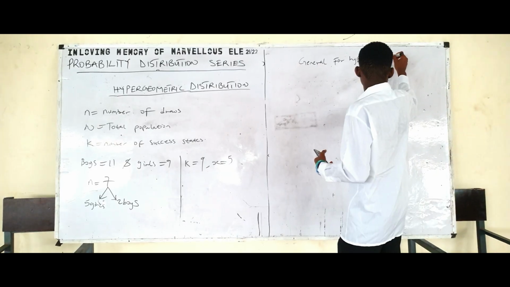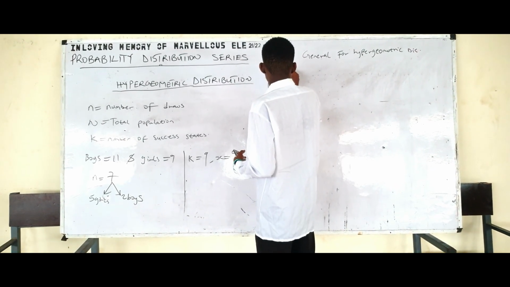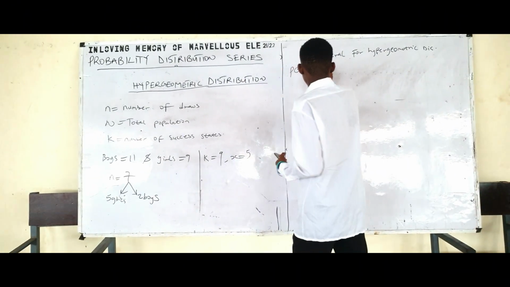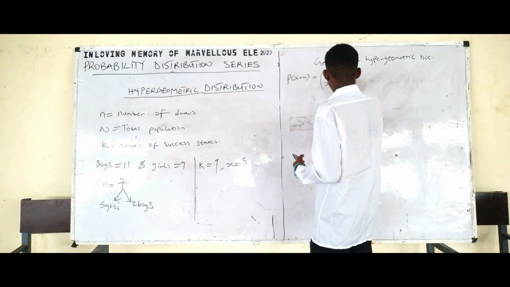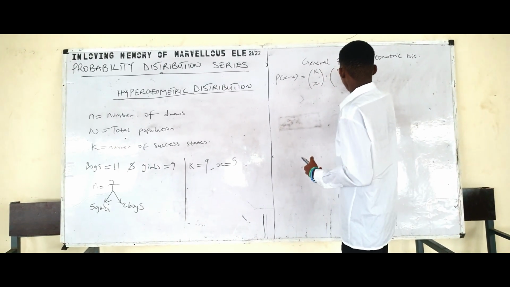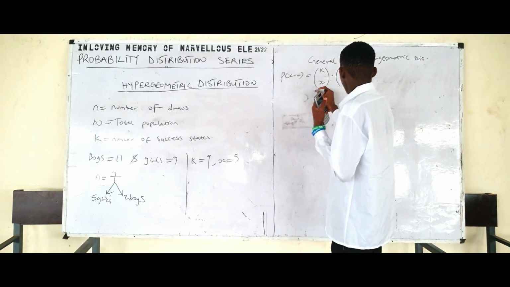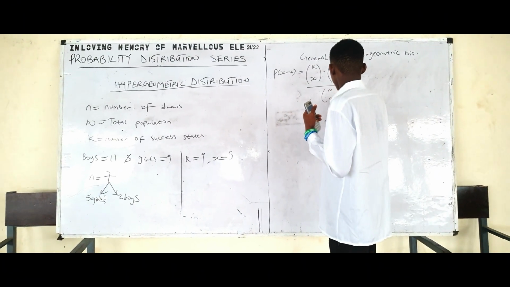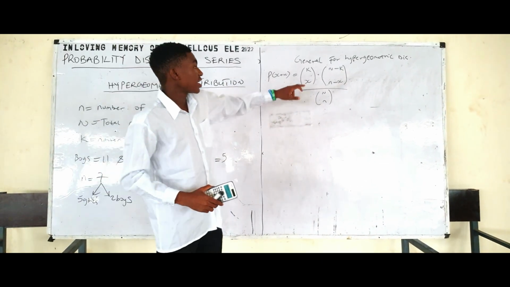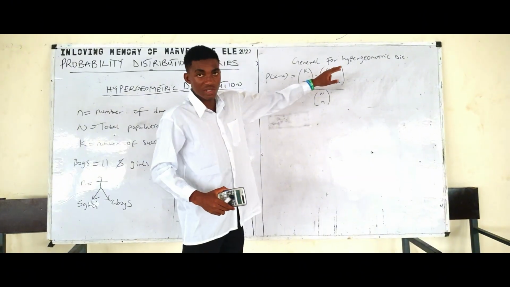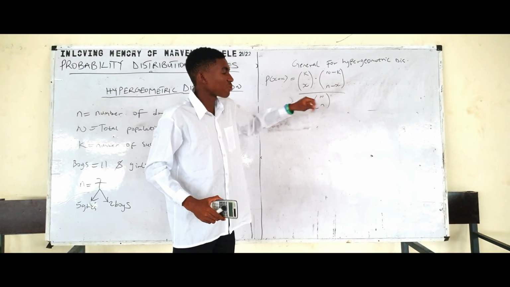P of X equals combination K and X times combination N minus K and small n minus X, all over combination N and small n. This is the general formula for the hypergeometric distribution.